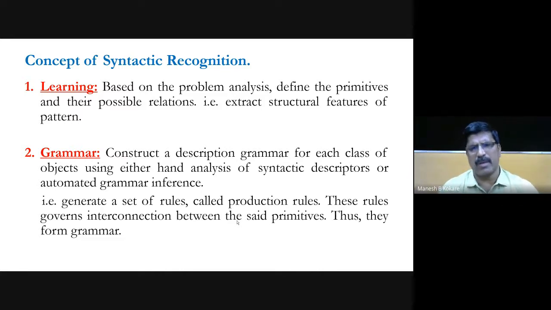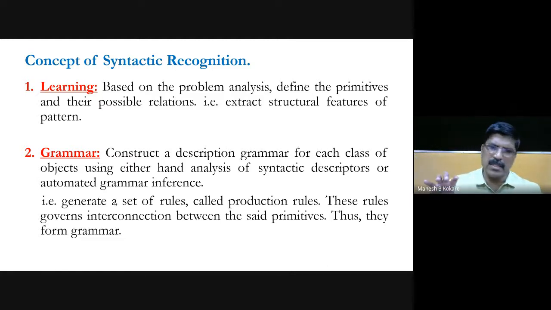That gives you a set of rules which are nothing but the interconnection between the said primitives, and thus they form the grammar for that particular class. One thing you have to note is that the grammar is the set of production rules for every class, and for every class this set is different. If class C1 is there, there will be a set of rules of grammar Z1. If class C2 is there, there will be grammar Z2.